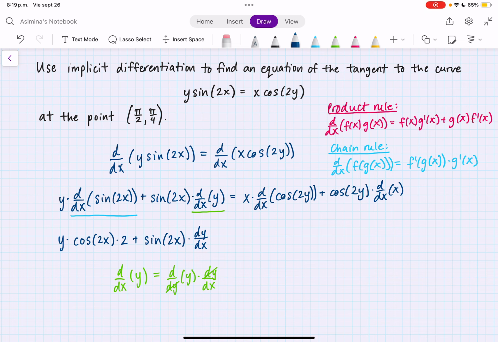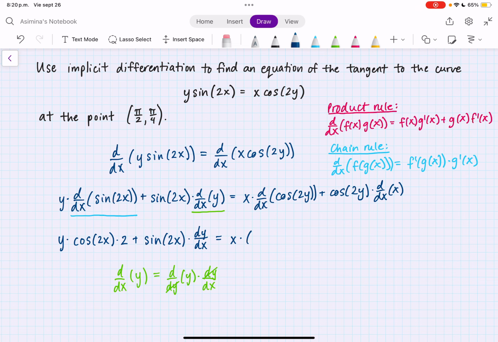Okay, now let's continue on to the right-hand side. So we have x times d dx of cosine of 2y. So now again, we have an application of the chain rule, but we're taking the derivative of something in terms of y with respect to x. So first, let's just take the derivative of cosine of 2y with respect to y. The derivative of cosine is minus sine.